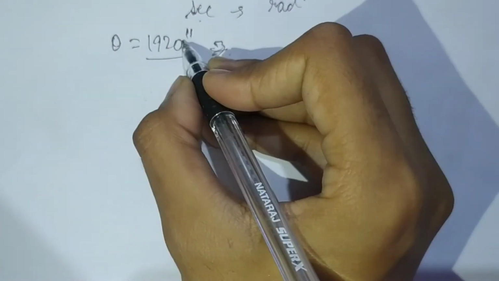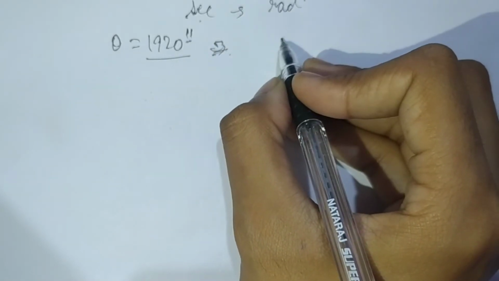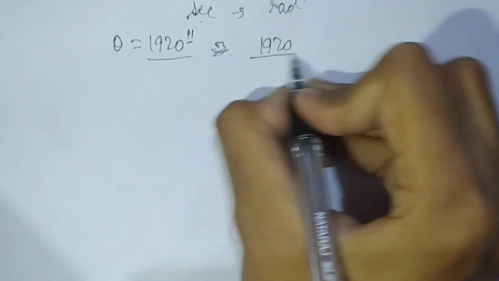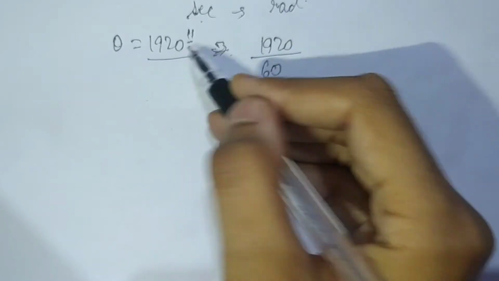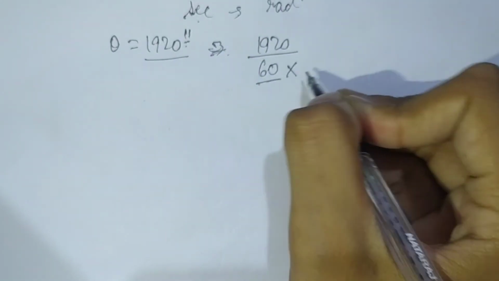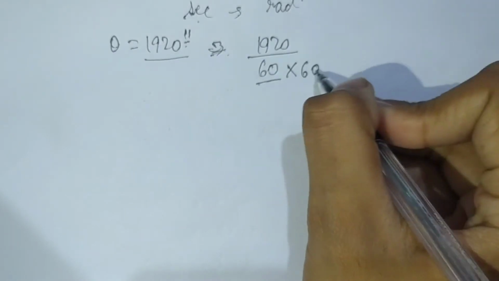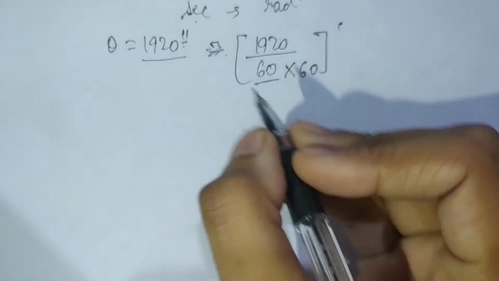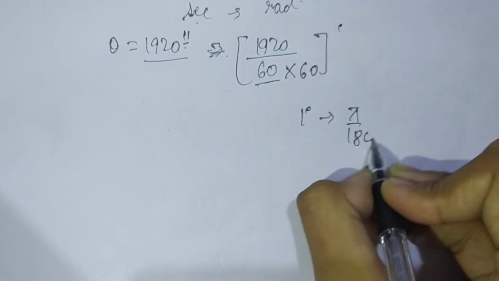First of all, 1 second is equal to 1 by 60 minutes, as you already know. So 1920 by 60 is the division by 60 to convert from seconds to minutes. Again we divide by 60 to convert from minutes to degrees. Now this is all in degrees, and we already know 1 degree is equal to pi by 180 radian.